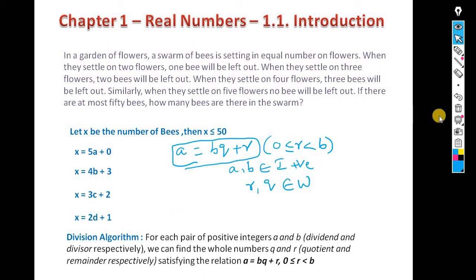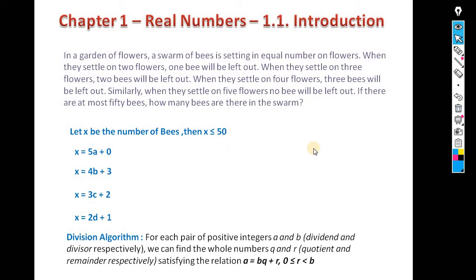So let me give you in simple manner the same thing whatever they have specified here. X is equal to 5A plus 0. If I write in your normal division format, X is my dividend and 5 is my divisor, and if I divide A times, it will come X and there will be remainder 0.